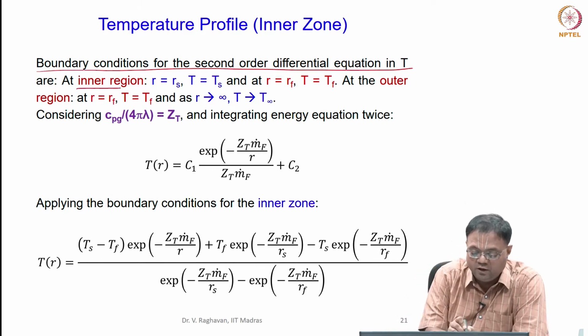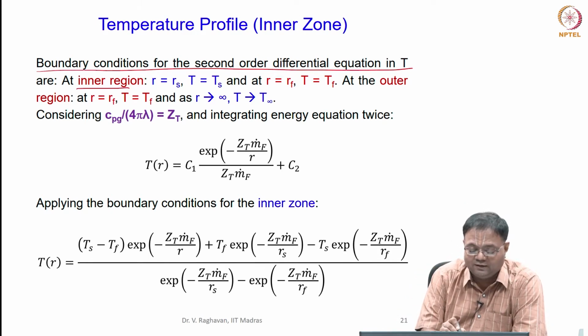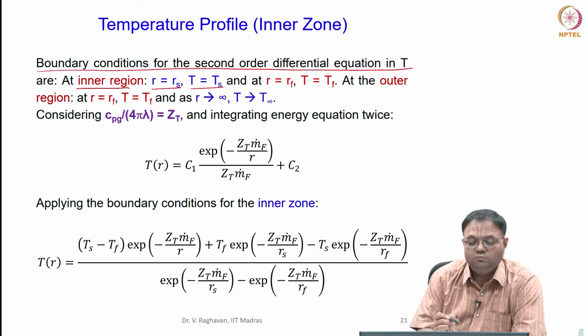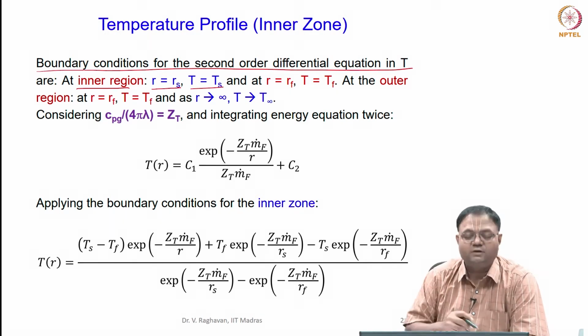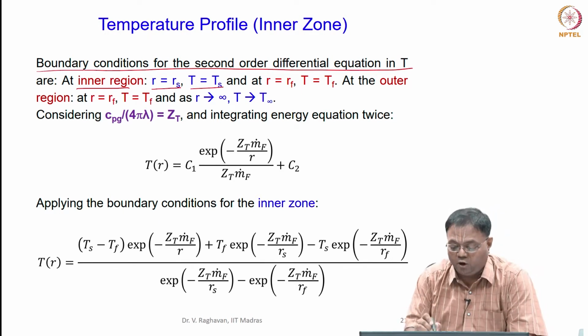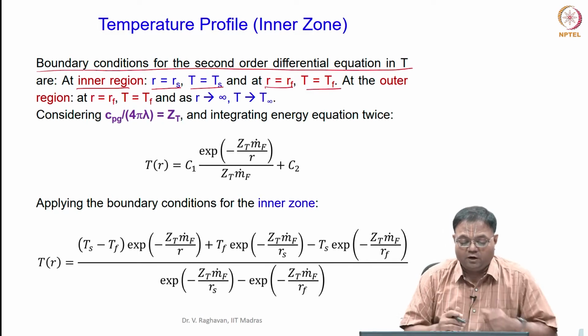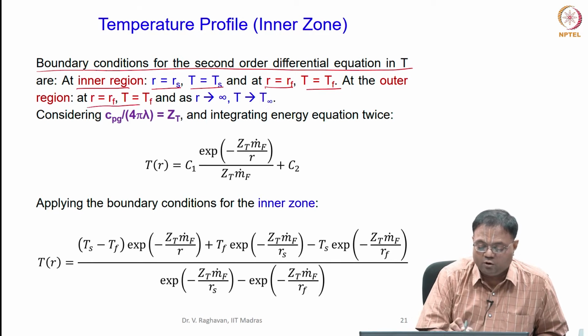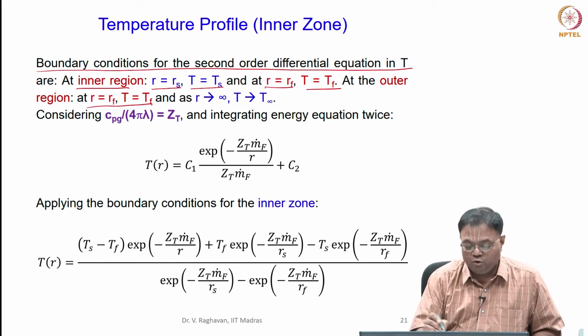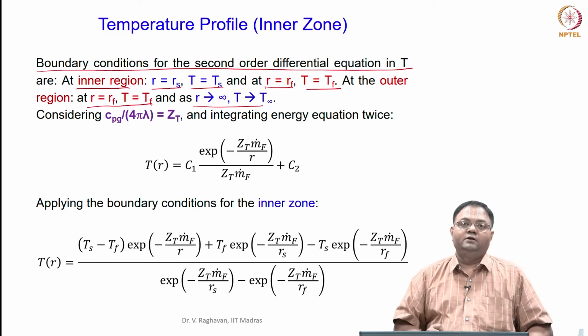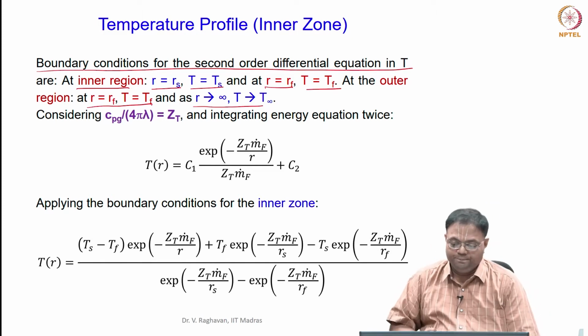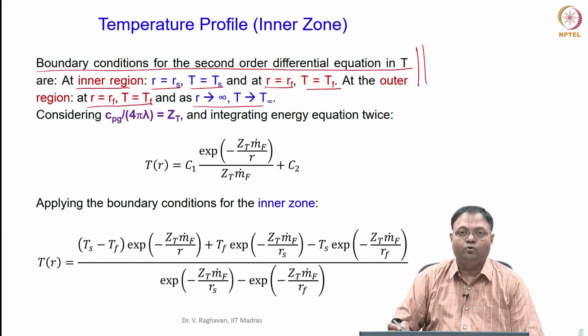In the inner region, at R equal to Rs, the equilibrium surface temperature T equal to Ts prevails. At R equal to Rf, T is the maximum flame temperature Tf. And in the outer zone, starting from R equal to Rf you have flame temperature Tf, and as R tends to infinity, T will tend to T infinity. So these are the boundary conditions in both zones, inner and outer.